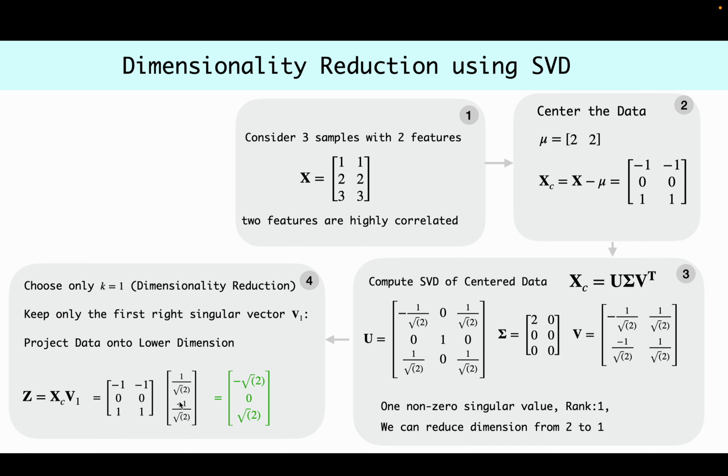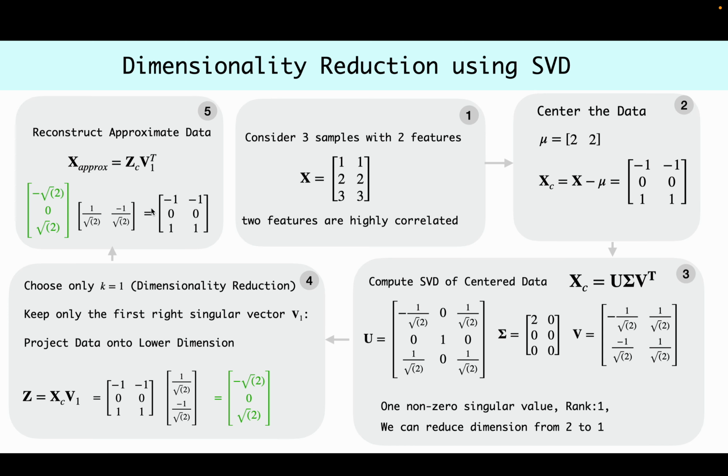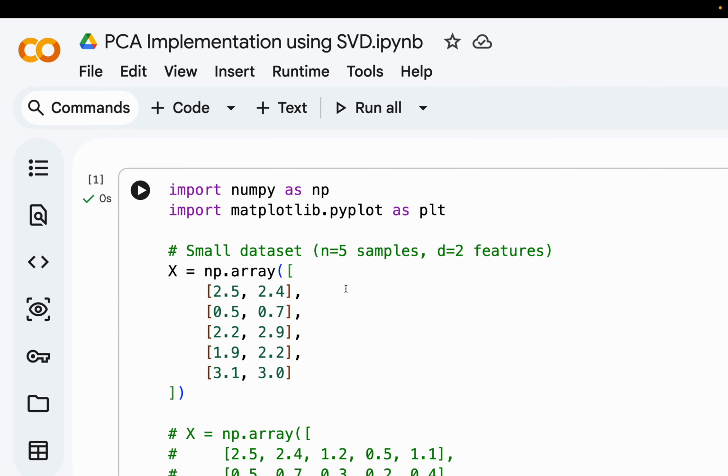We consider only one singular vector V1 and construct the Z matrix, and when you reconstruct, we get X approx similar to our centered data, and when you add the mean you get back the original matrix X.